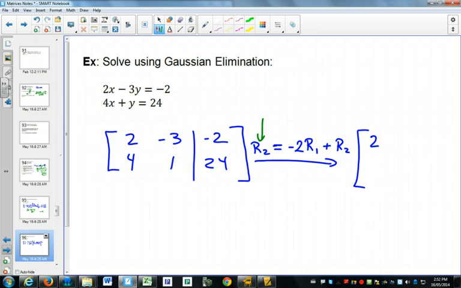So we know which row we're changing, and I'm only changing row 2, so my row 1 is going to stay the same as 2, negative 3, negative 2. My row 2 is now going to change. I'm going to take row 1 times it by negative 2. So I'm going to get negative 4 plus 4 will be 0. 6 plus 1 will be 7. And 4 plus 24 will be 28.